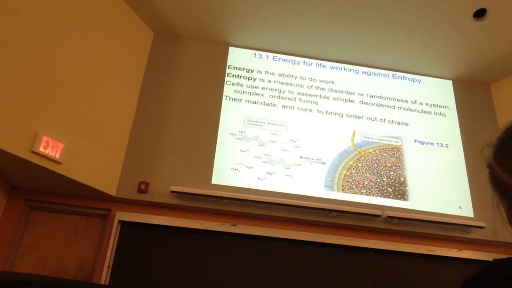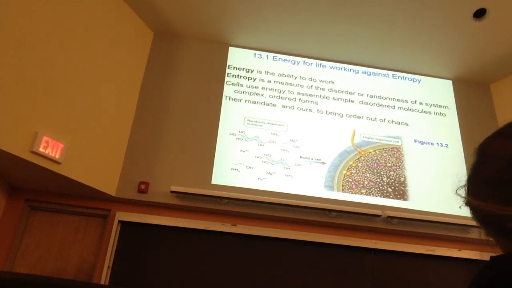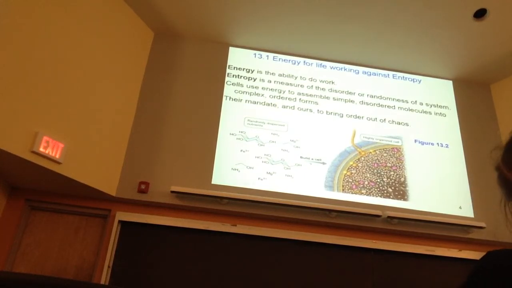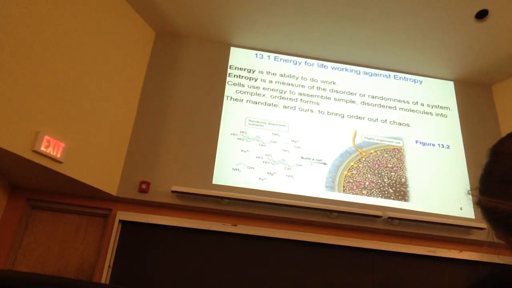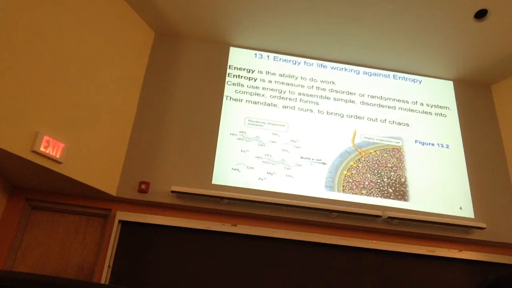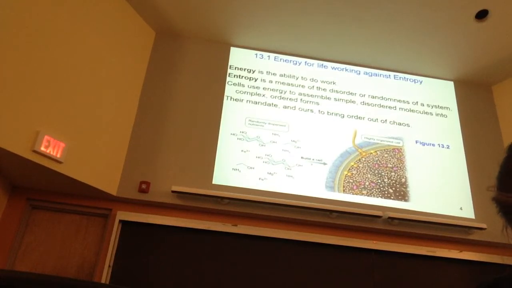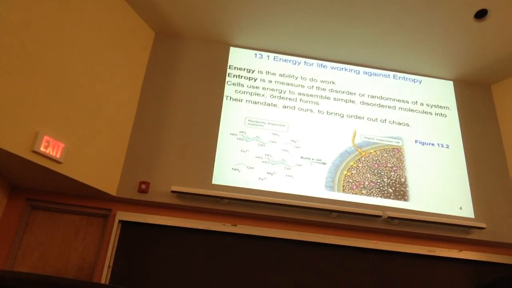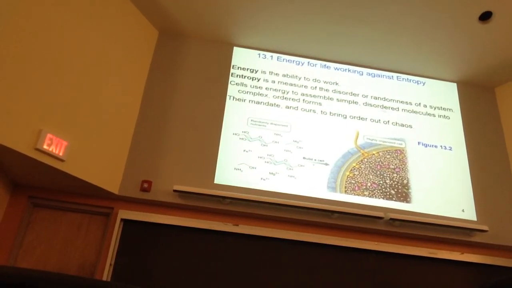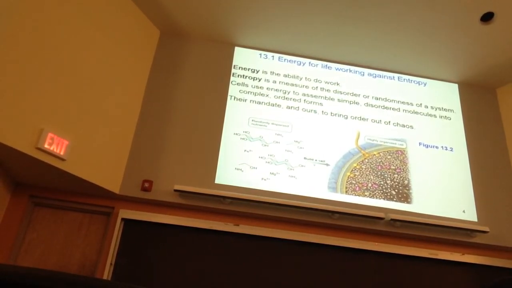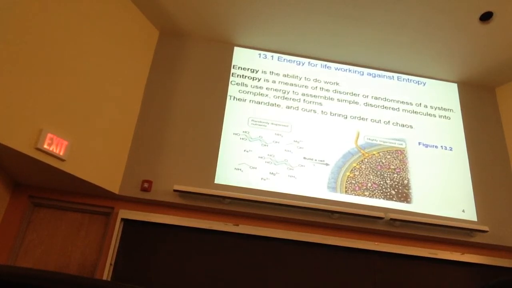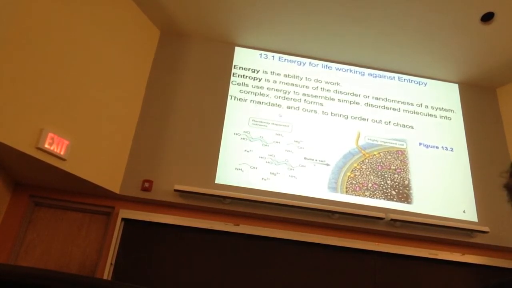Also kind of big picture view of energy defined as the ability to do work. Entropy, a measure of the disorder or randomness in a system. And so that energy is required to assemble simple disordered molecules into a complex ordered form of the cell.